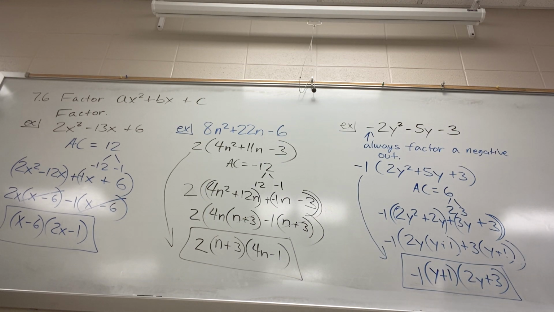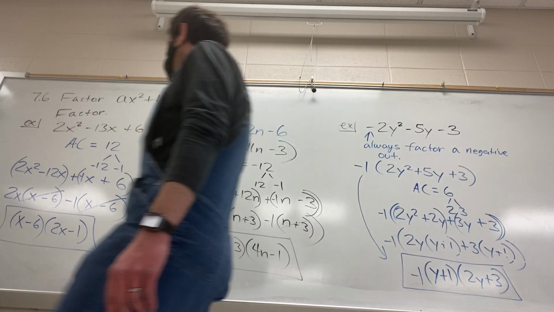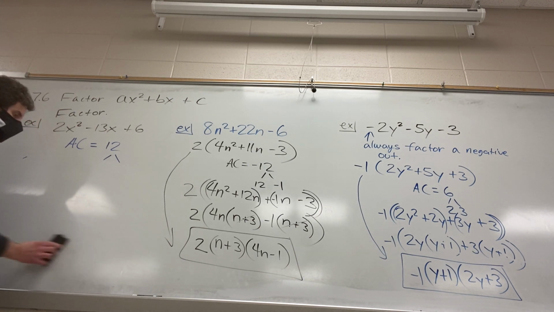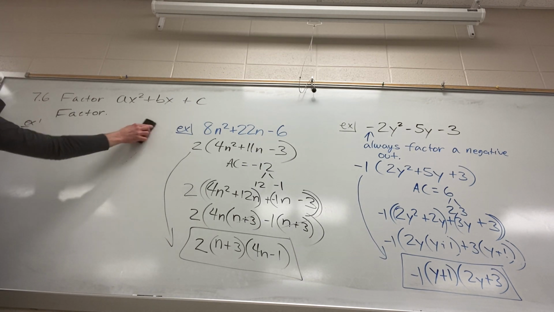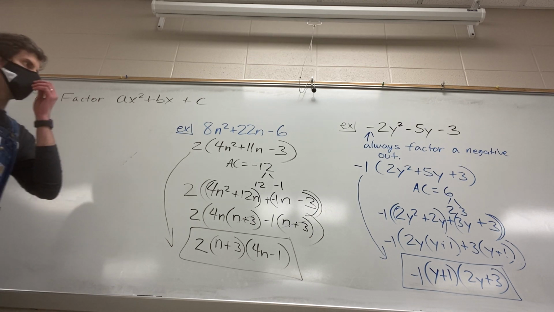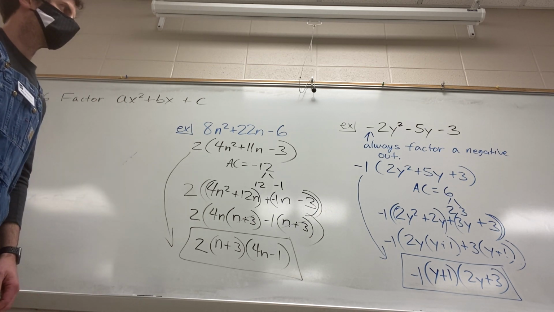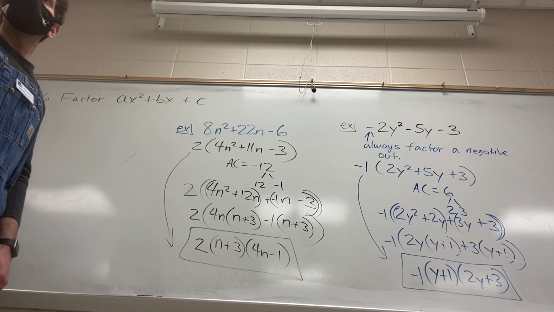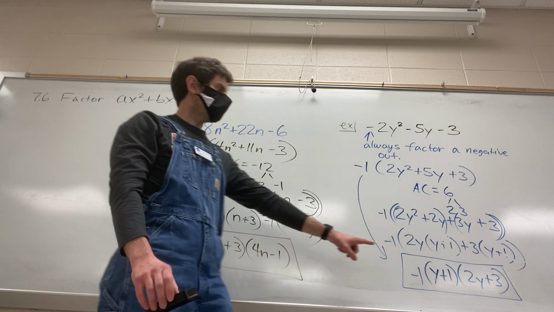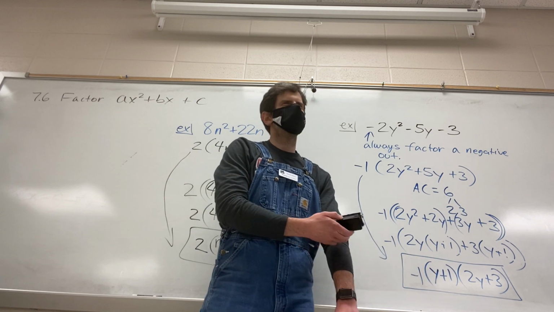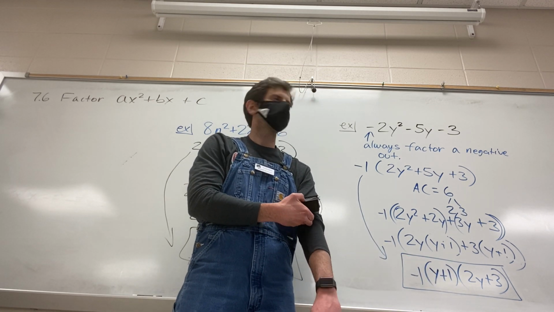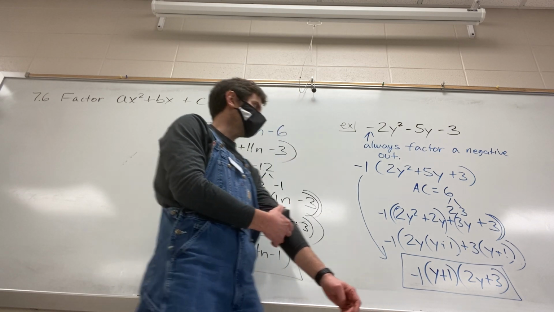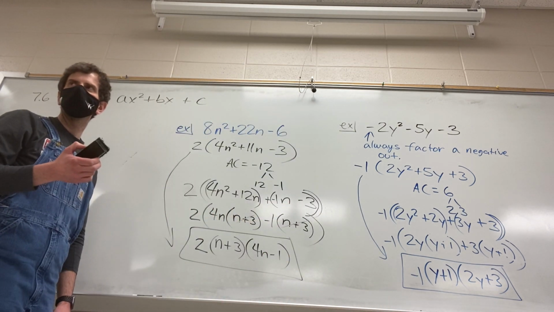I have a question. Does the order matter? Because what I did is 2y squared plus 3y, and then 2y plus 3. But if you went to divide those, you would get 3 over 2. Mr. Eichen, would it matter if those were flipped?